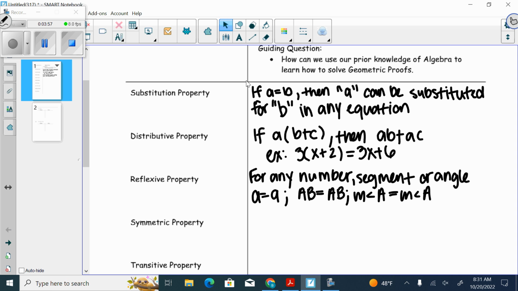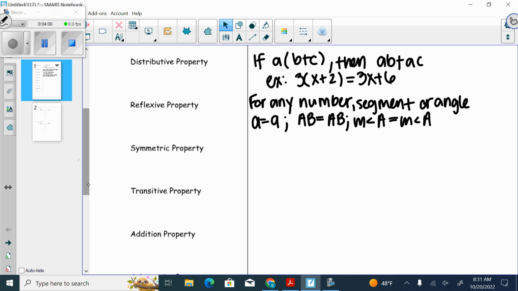All right, next property is our symmetric property.